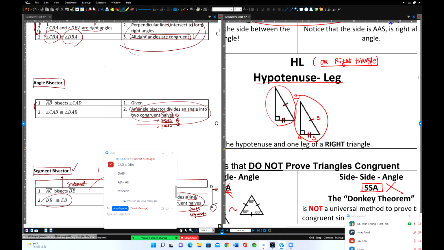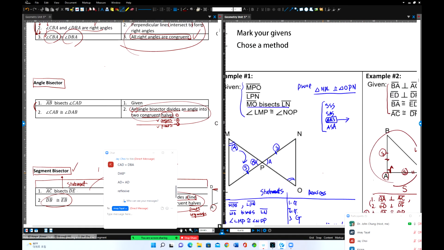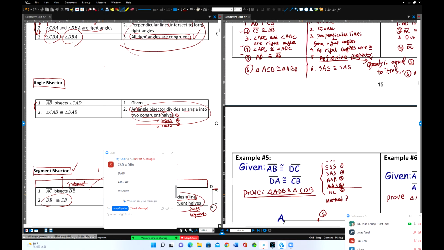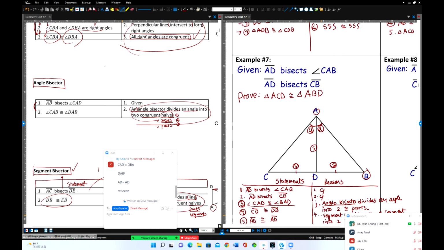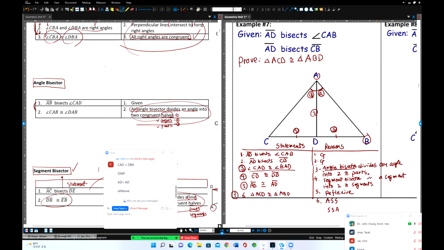Side side side is not working. But this one is side side angle. It's not working over here. Do you think it's working? It's not working, because we cannot use angle side side.